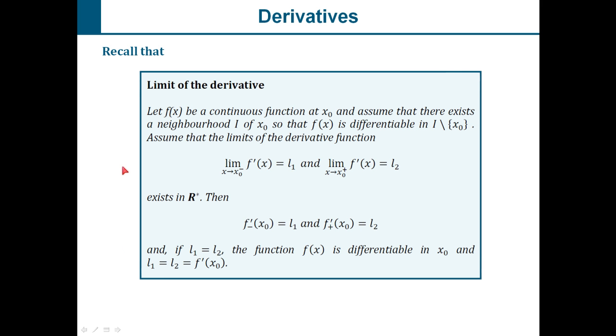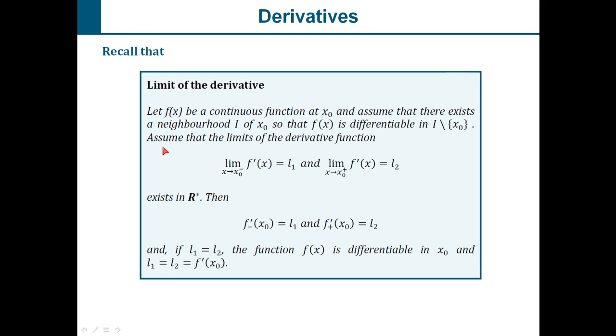The second result is about the limit of the derivative function. Let f of x be a continuous function at x0, and assume that there exists a neighborhood I of x0 so that f of x is differentiable in I, with the sole exception of x0.